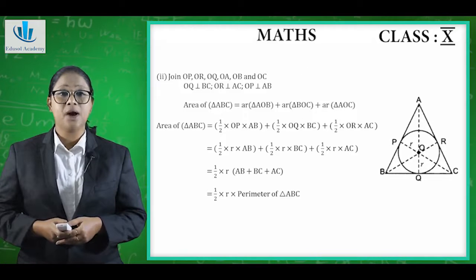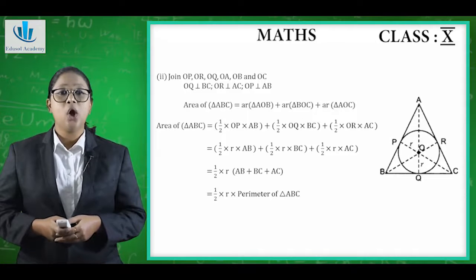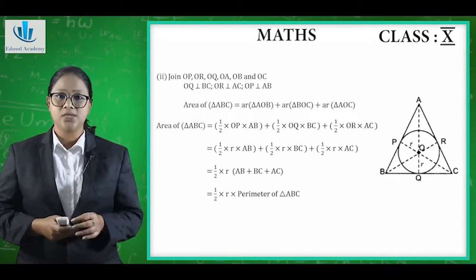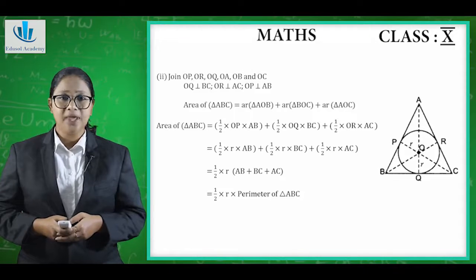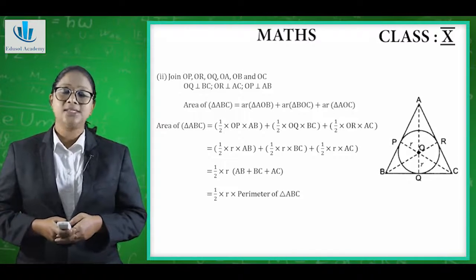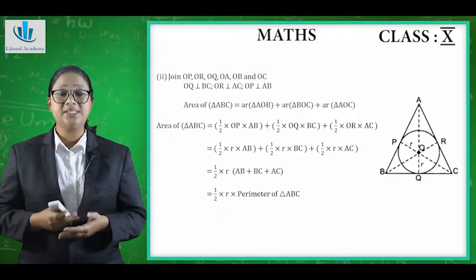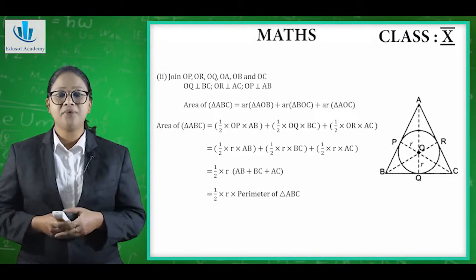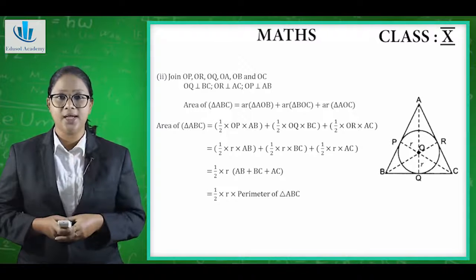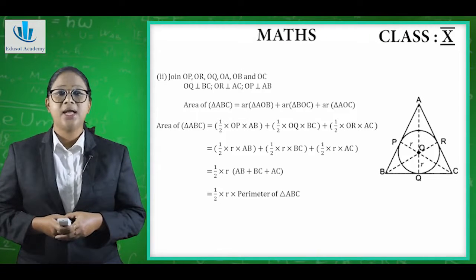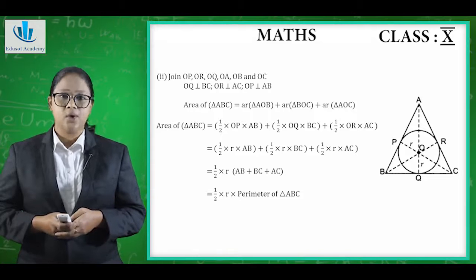Moving on to the second part, we have to join all the points to the center, as in join OP, OR, OQ, OA, OB and OC. Now, area of the whole triangle ABC can be written as the sum of areas of three constituent triangles, namely triangle AOB, triangle BOC and triangle AOC.